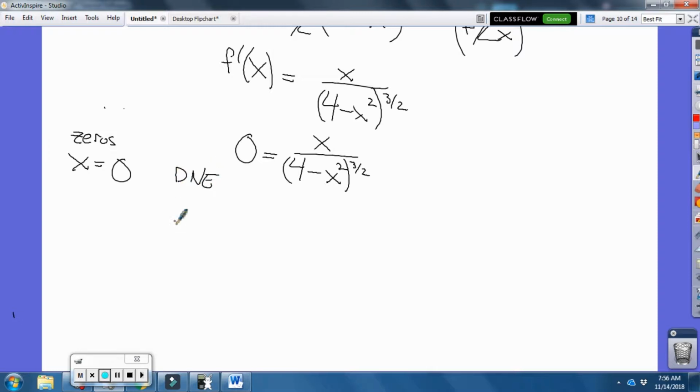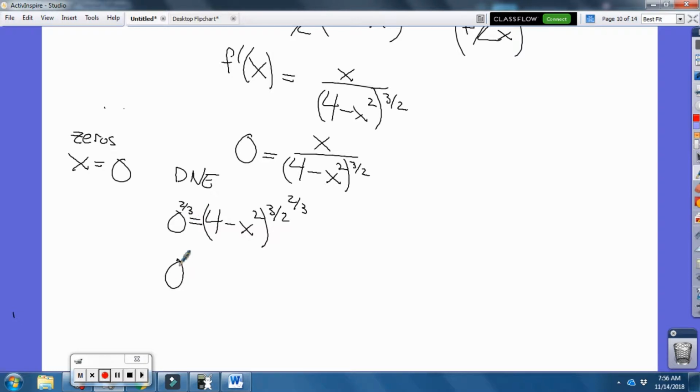It's when 0 equals 4 minus x squared to the 3/2 power. Well, I can just raise this to the 2/3 power on both sides, and that gets rid of that 3/2 power. So let's just raise this to the 2/3 power, 0 to the 2/3 power.